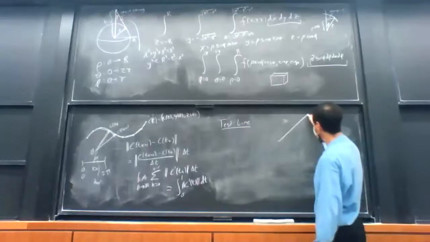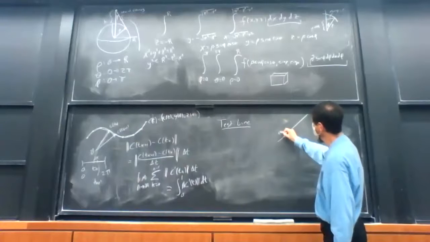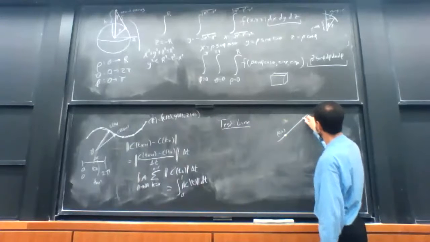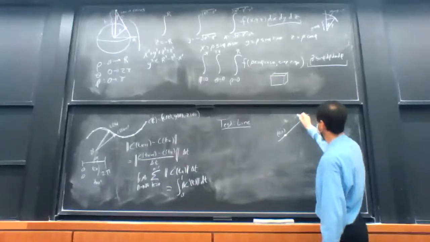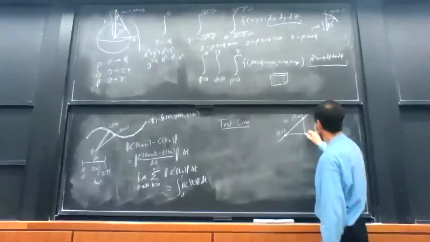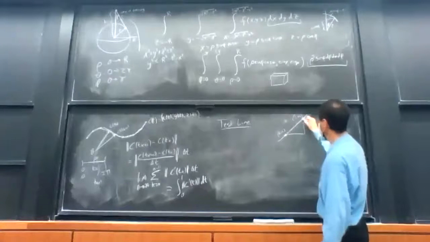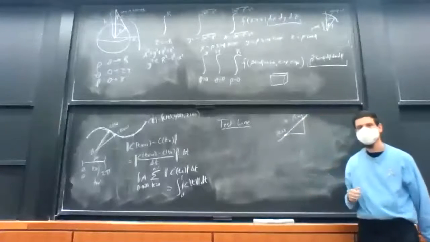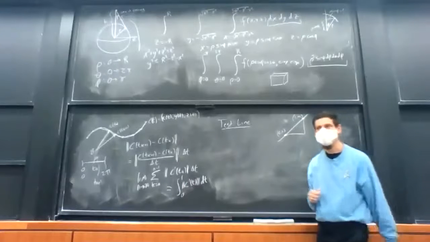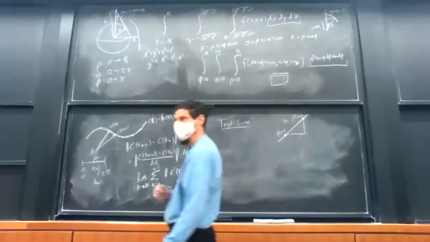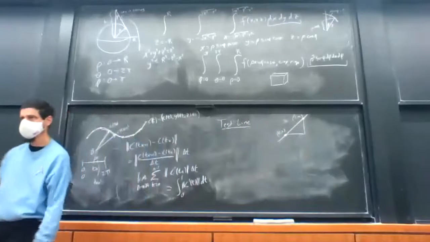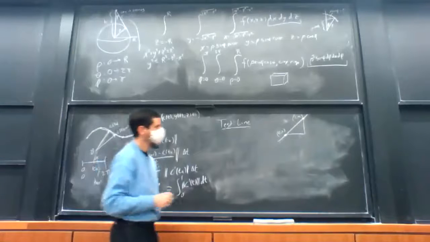Oh, let's choose the following line. Here's the point 0, 0. Here's the point 1, comma, m. And I'll calculate the length from here to here. So this is a nice line. I've chosen it to have slope m, and your m is free. Okay.